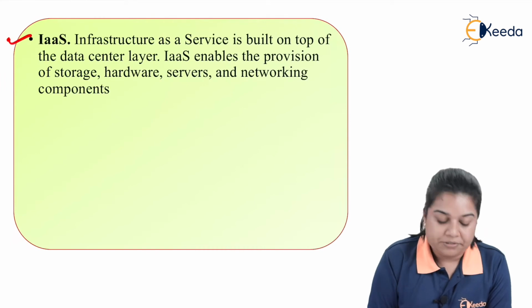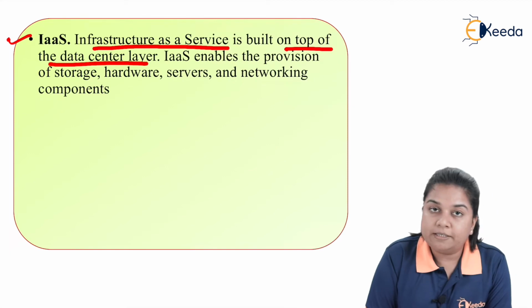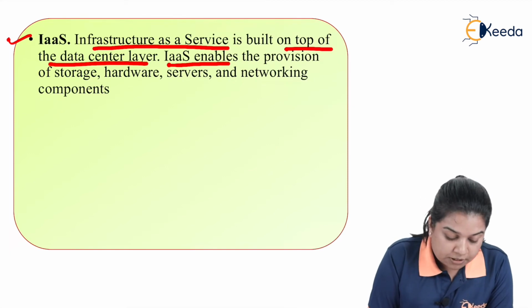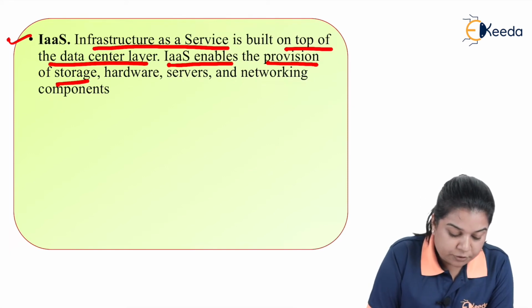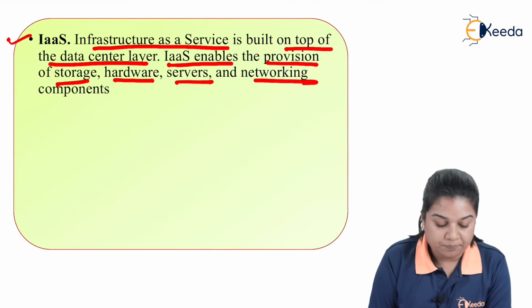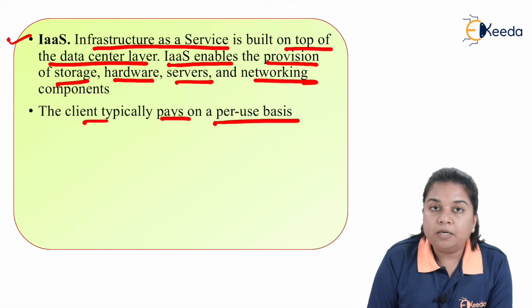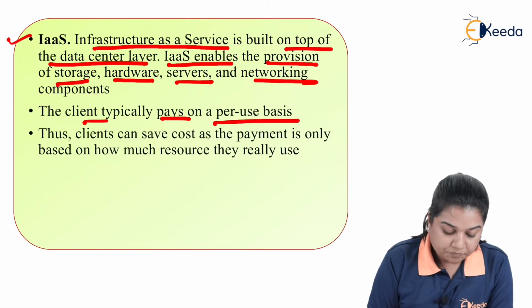Infrastructure as a service. Infrastructure as a service is built on top of the data center layer. Infrastructure as a service enables the provision of storage, hardware, servers, and networking components. The client typically pays on a pay per use basis.